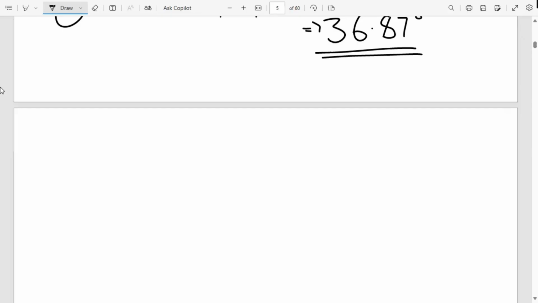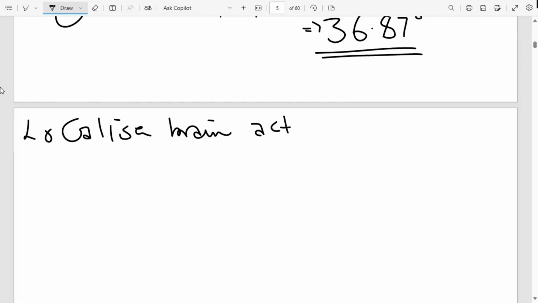So what is the importance of the directionality of the EEG vectors in the brain, or the clinical significance of those EEG vector signals? One of them is localization of brain activity.